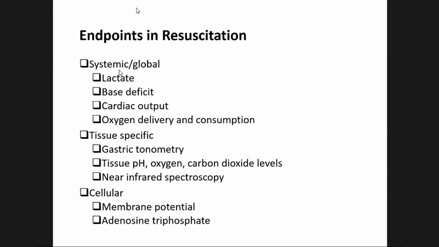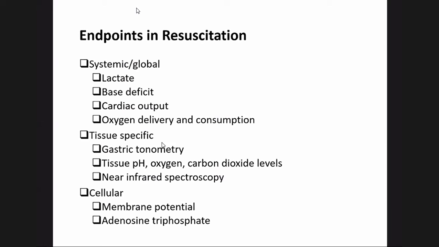So systemic, common here are the lactate and base deficit. Lactate is generated by conversion of pyruvate to lactate by lactate dehydrogenase in the setting of insufficient oxygen. Base deficit naman, this is the amount of base in millimoles that is required to titrate 1 liter of whole blood to a pH of 7.4.